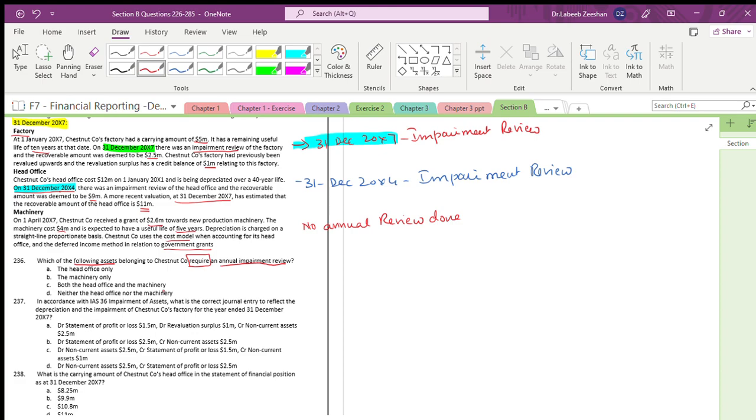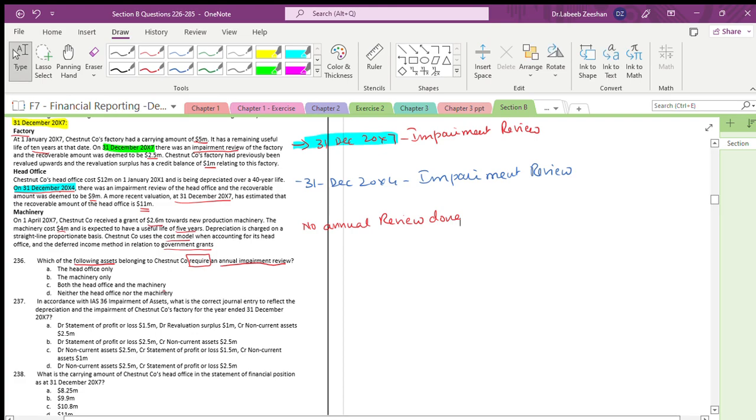The head office: there is an impairment review of the head office, and the recoverable amount is 9 million. A more recent revaluation. Is it right? There is no hard and fast rule that every time they have to do revaluation. Revaluation is done only with respect to the specific condition when they are meeting it for the impairment. Is it right? This is where it says.